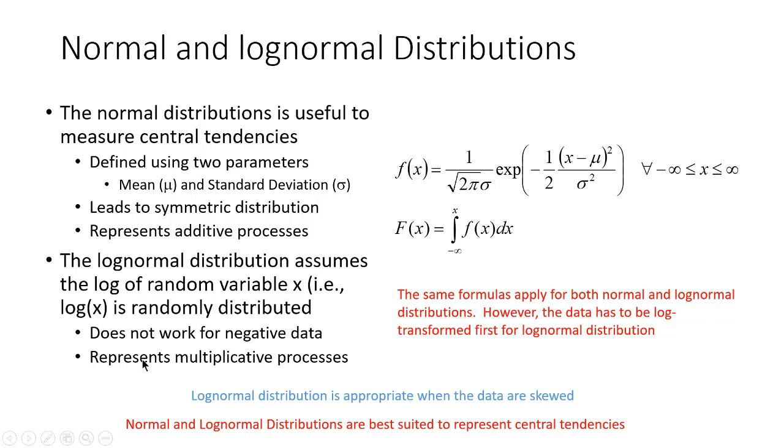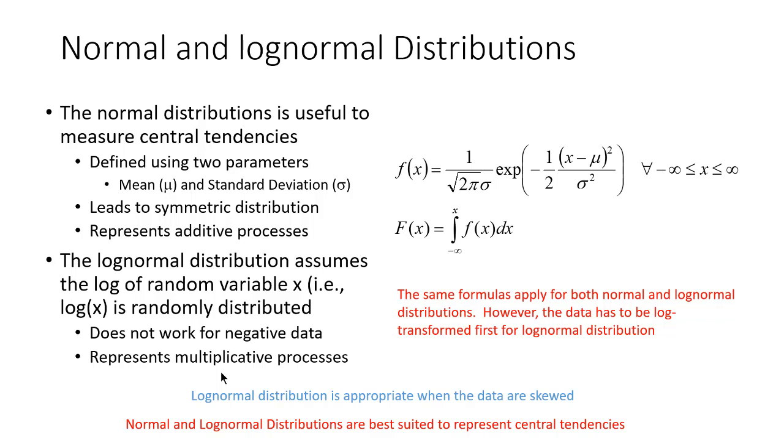The log normal distribution represents a multiplicative process instead of an additive process, because if I take a times b times c and take the logs, then it becomes log a plus log b plus log c. So it's actually a multiplicative process, and mixing is a multiplicative process. So dispersion or concentrations very typically follow log normal distribution.